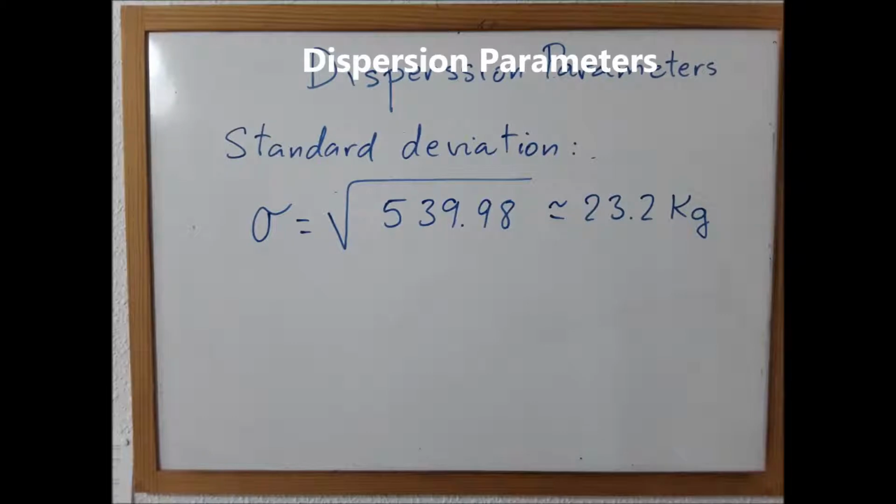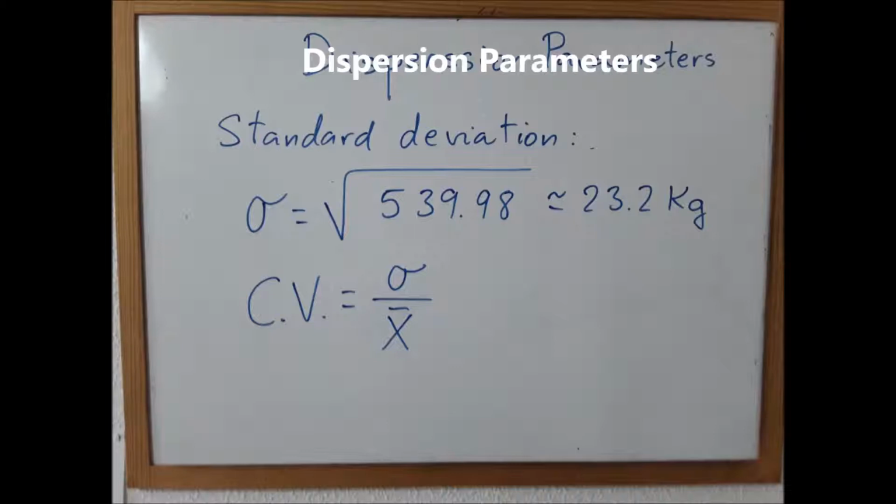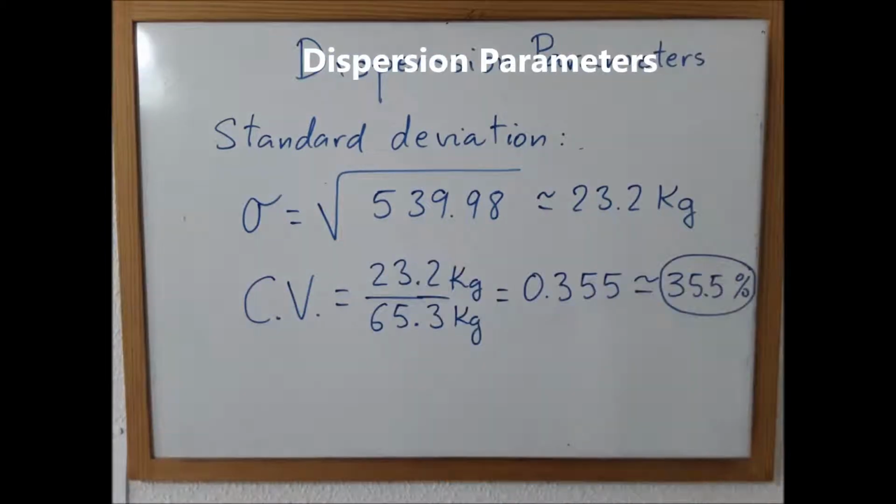From the variance, we obtain the standard deviation, which is simply the square root. So 23.2 kilos, because it has the same units as the mean. And from the standard deviation and the mean, by dividing, we obtain the coefficient of variation, which in this case is 0.355, so that's approximately 35.5%.